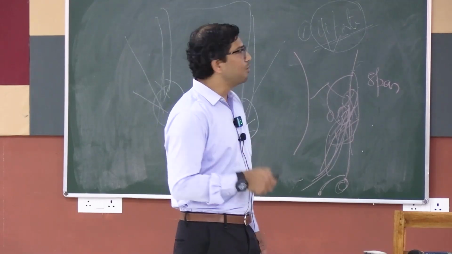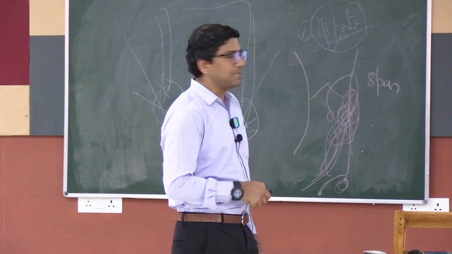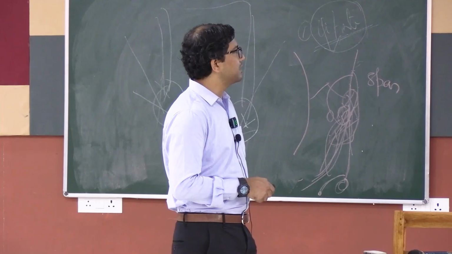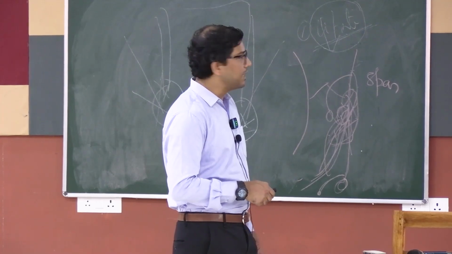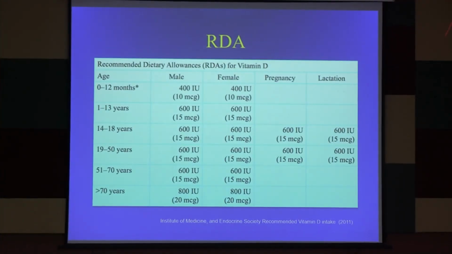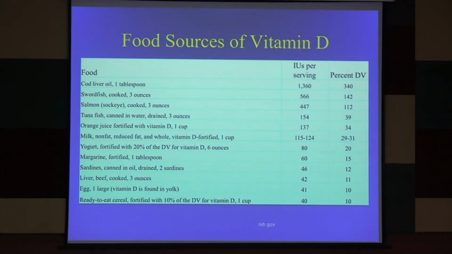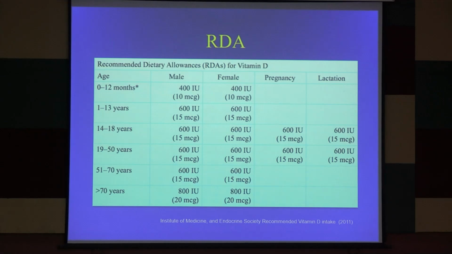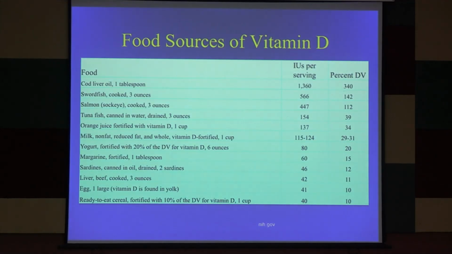So you have to know the requirement of vitamin D. In infants, it is usually 400 international units, and in adults it is usually 600 international units, the recommended dietary allowance. Okay. And the source of vitamin D is usually food: animal proteins, cod liver oil, salmon, tuna, and importantly, in most countries, milk and yogurt are fortified with vitamin D.